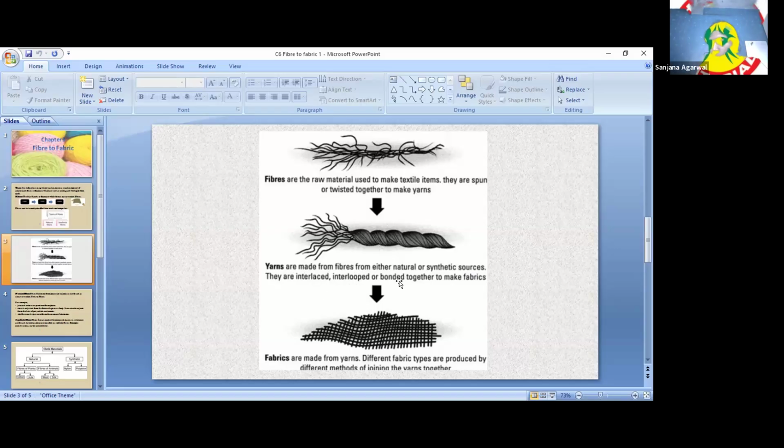They are interlaced, interleaved, or bonded together to make fabric. When we arrange multiple sets of yarn horizontally and vertically to form a complete fabric, that is known as a fabric. Clear? Shall we move ahead?